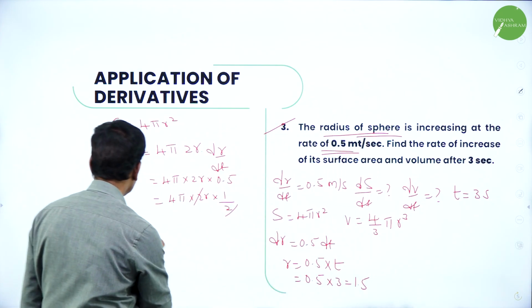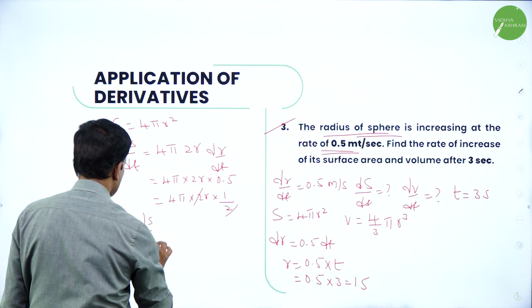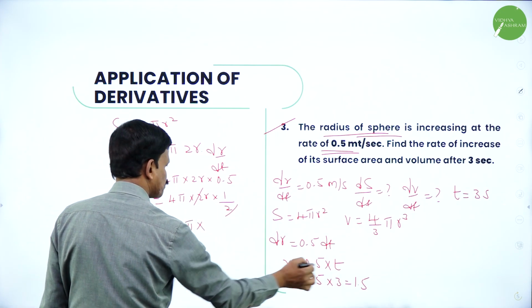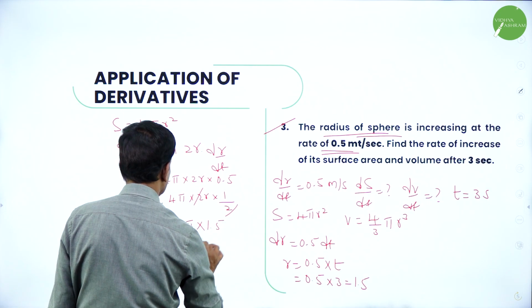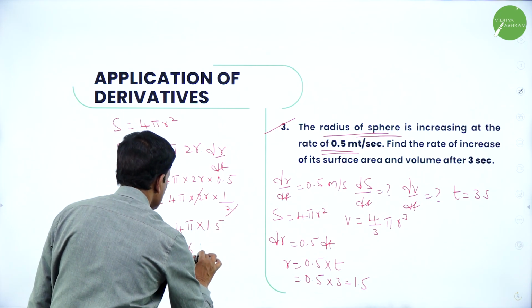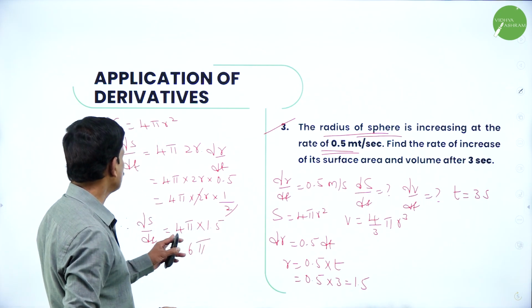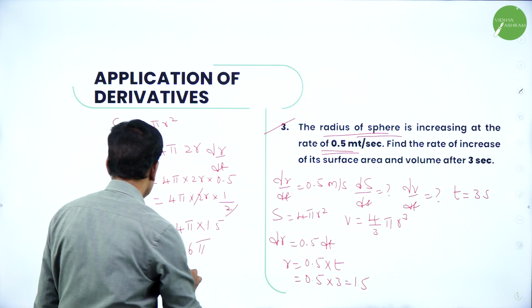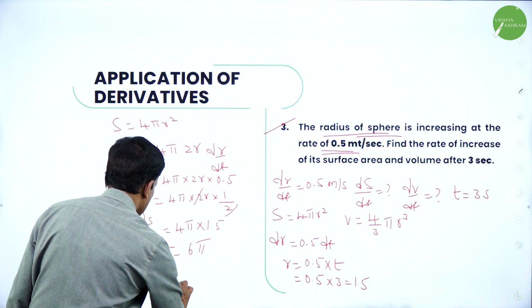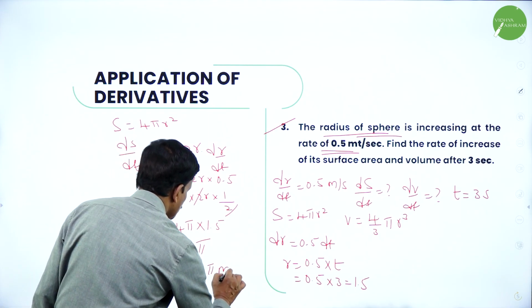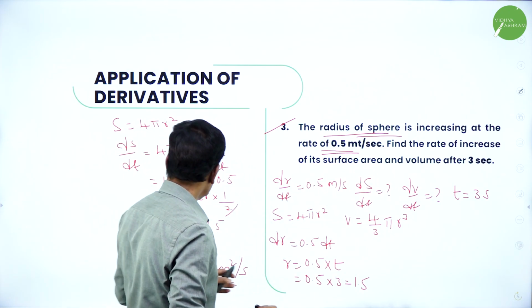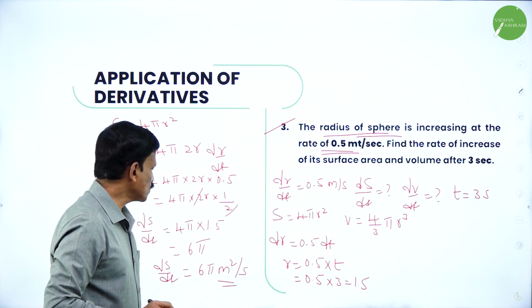Therefore ds by dt is equal to 4 pi into 1.5, which is equal to 6 pi. 4 into 1.5 is 6, right? Therefore ds by dt is equal to 6 pi meter square per second. So the surface area is increasing at the rate of 6 pi meter square per second.